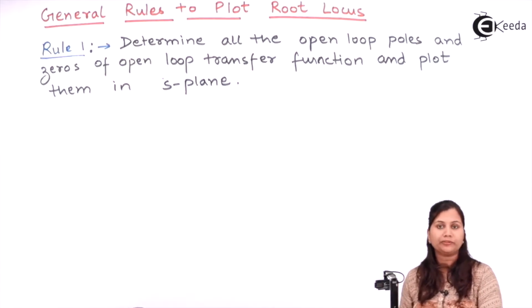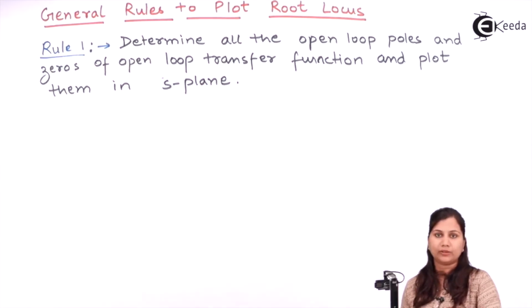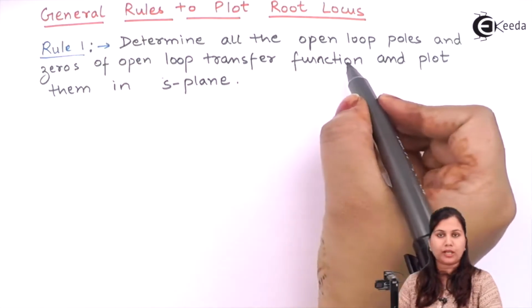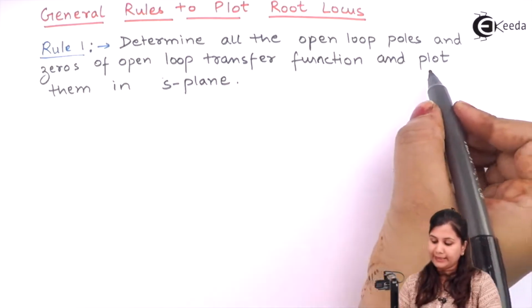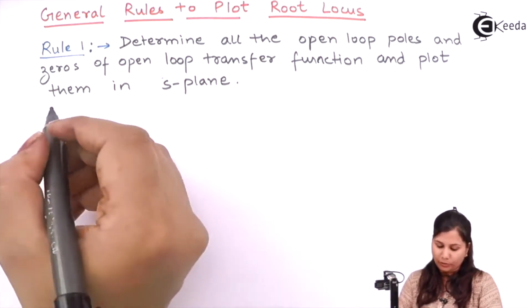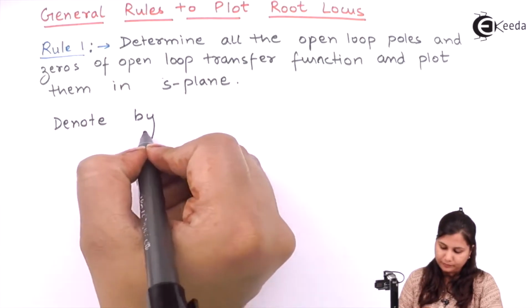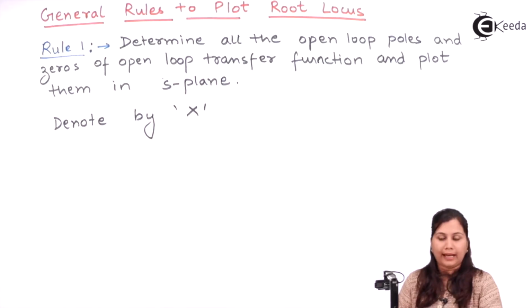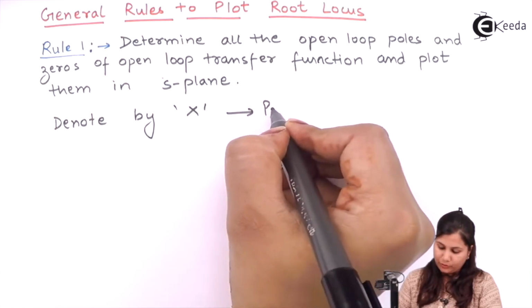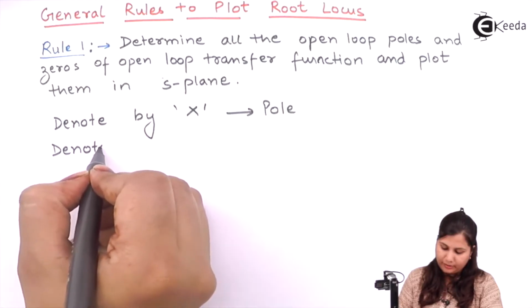What you have to do in the first step is determine all the open loop poles and zeros using the open loop transfer function of the system, and then plot all the poles and zeros in the S-plane. You know that the poles are denoted by a cross sign, and the zeros are denoted by a circle.